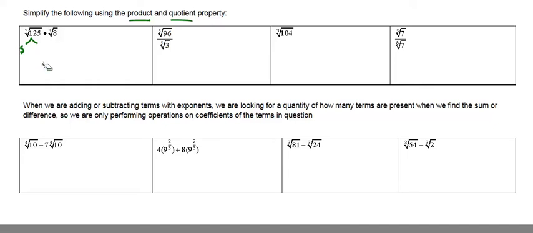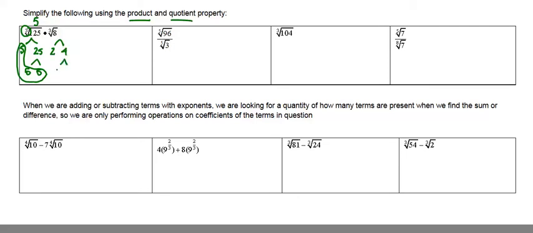So I can say 5 times 25, and I know that I can break 25 down into 5 times 5. Now, instead of looking for groups of 2, I want to look for groups of 3. I want to find any number that appears 3 times because 3 is in my index. So I know that the cube root of 125 reduces to 5.